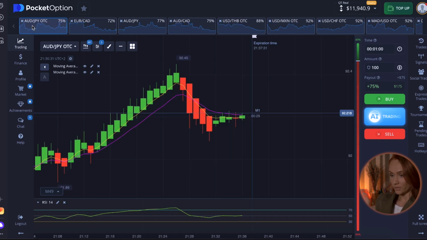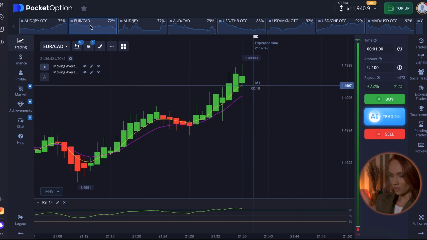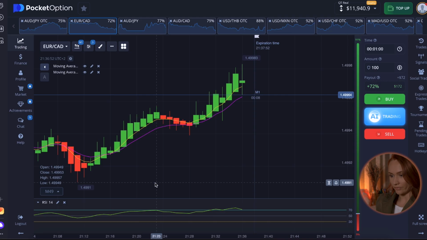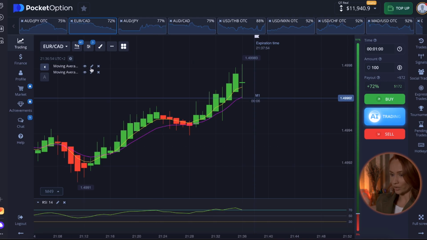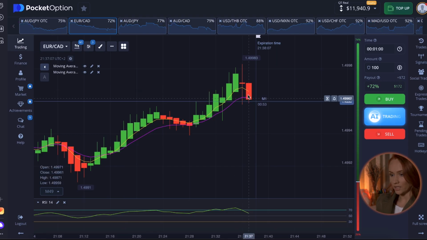Now, let's find the first currency pair. Now, we see a situation. Here, RSI has reached 70. There will be a reversal, but we also see that our yellow line with a short period crosses the long one from bottom to top, which is a kind of a contradictory signal.